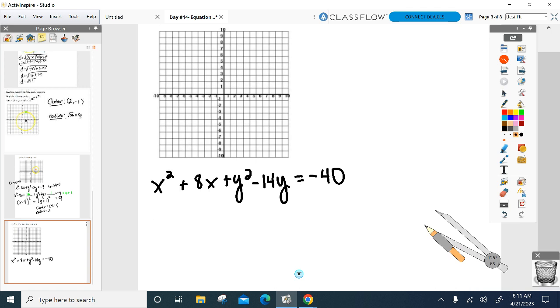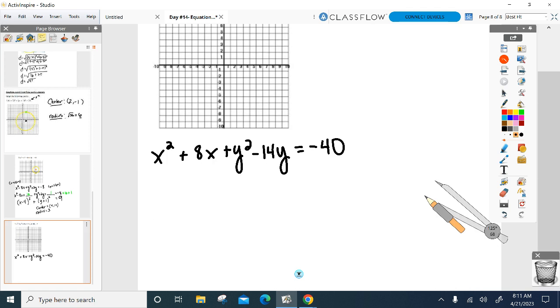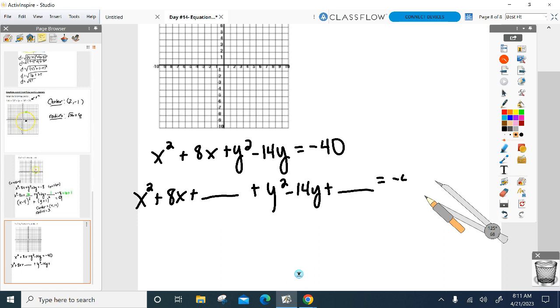I'm not going to call this a secret number anymore. I'm going to call it the new C value, because you've got A, B, and now we're going to write a C value in. So x squared plus 8x plus, let's find that new C value, plus, do it again for the y's, minus 14y plus this new C value here, equals negative 40.